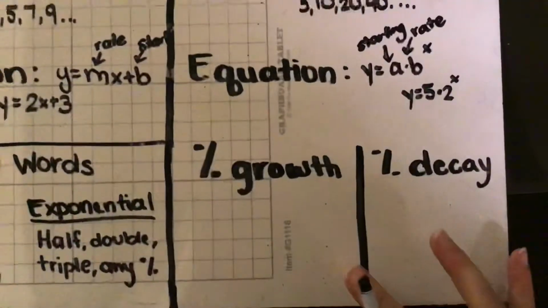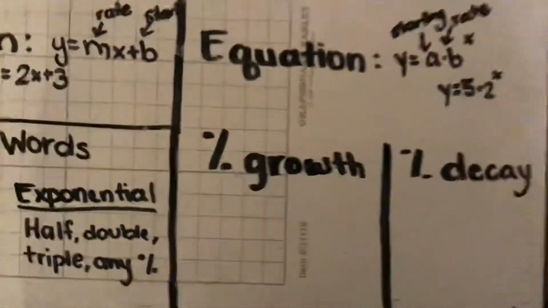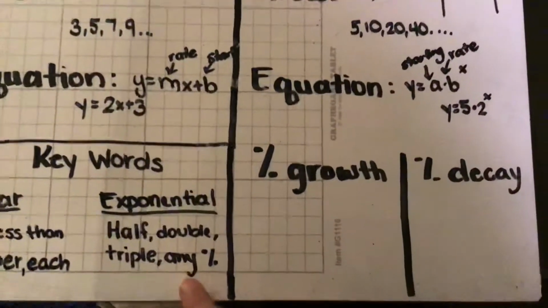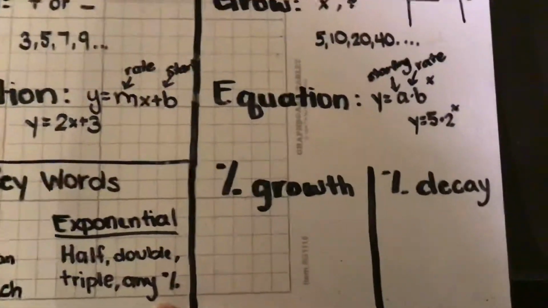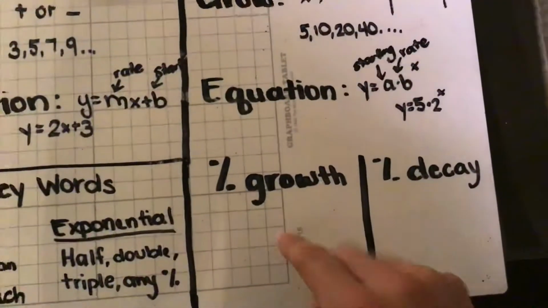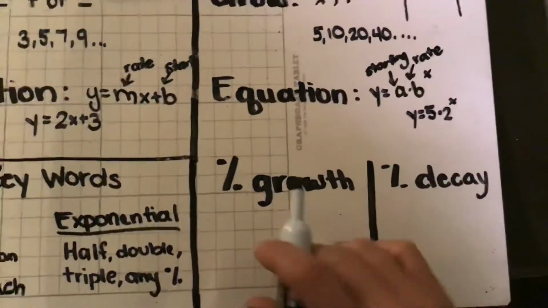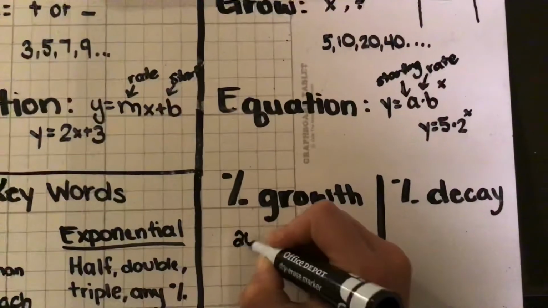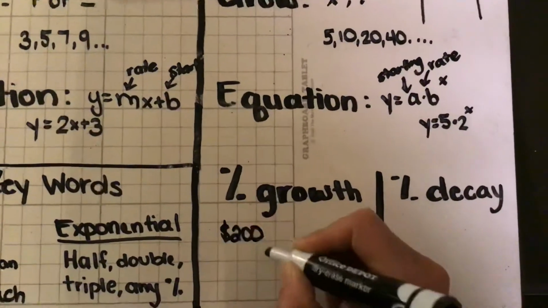Okie dokie. Oh, this is the part where it's a little bit harder. All right, so with exponentials, I did tell you as part of our keywords that you could use any type of percentage. That was going to be exponential. So if we wanted to look at your percent growth, say, you put $200 in the bank.